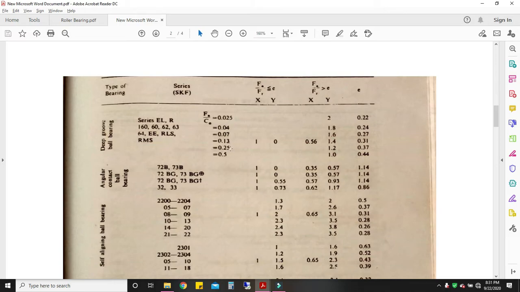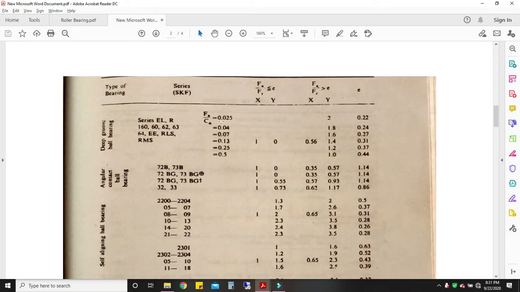In the data book we have 0.25 and 0.5, but not 0.28, which lies between 0.25 and 0.5. In the FA by FR column, whatever the value of FA by C naught, the X value will be 0.56. And for Y, we have corresponding values for the FA by C naught ratio.